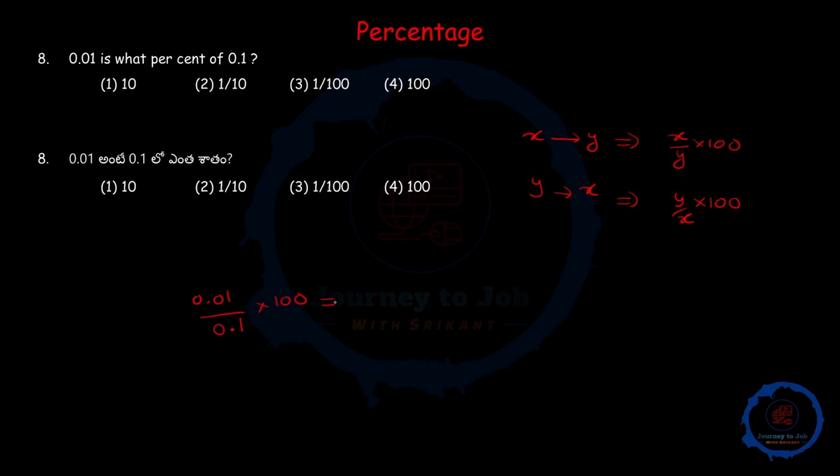Here there are 2 digits after the decimal, so multiply with 100, you will get 1. Then by 0.1 means multiply with 10 on numerator and denominator. You will get 10 in the numerator, denominator is 1. So 10 is the answer.